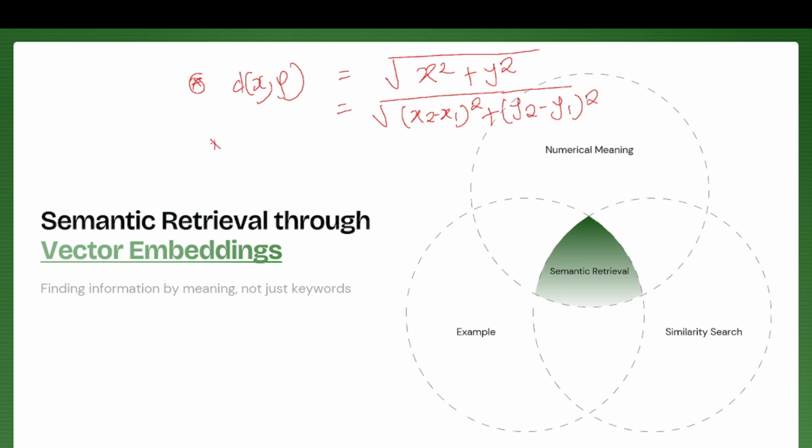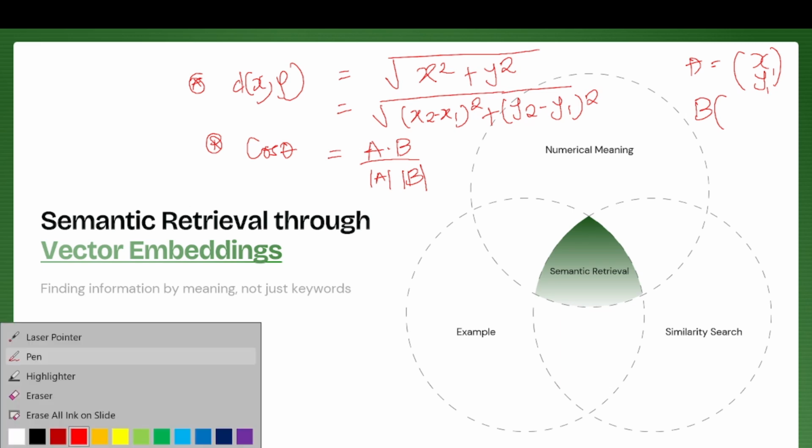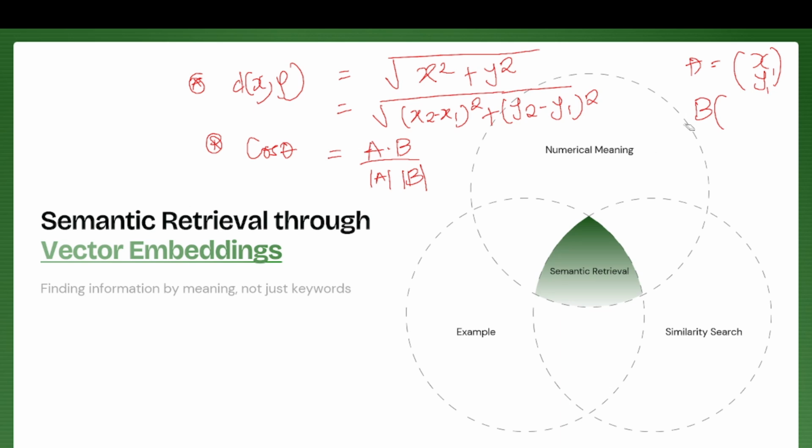And then we have the cosine. So this is cos theta, which is the angle between them, and is normally a dot b all over the magnitude of a times the magnitude of b, where a can be a vector of the form x1, y1, and b can be a vector of the form x2, y2.